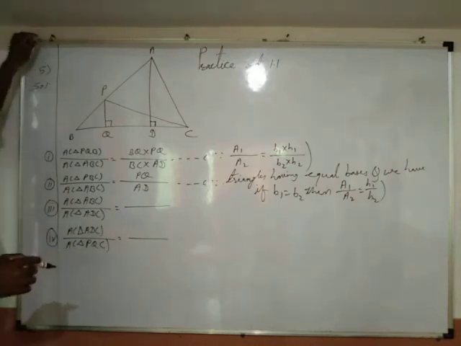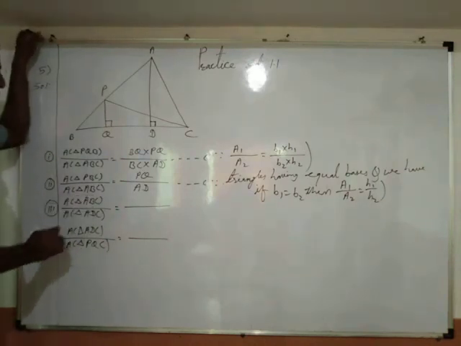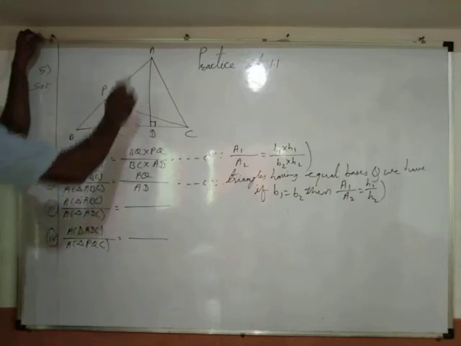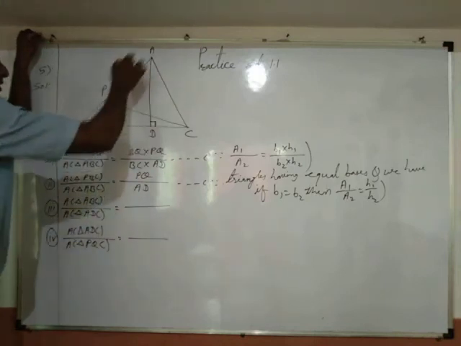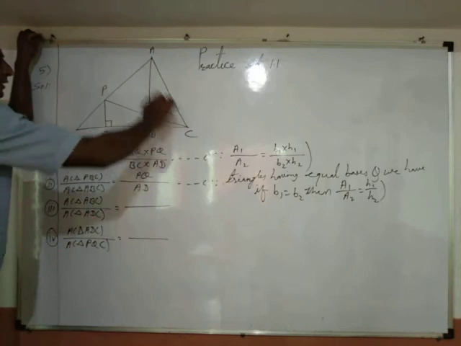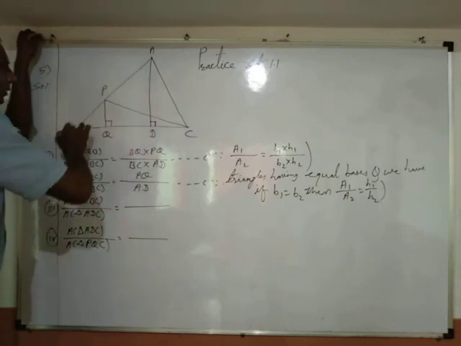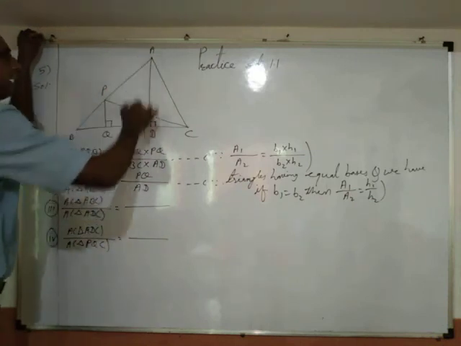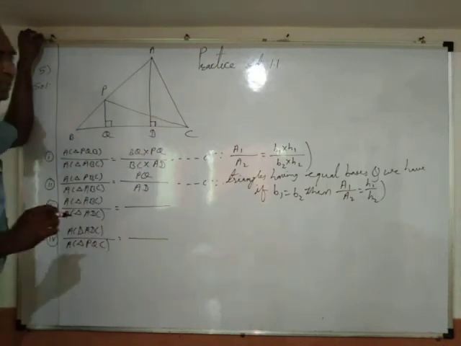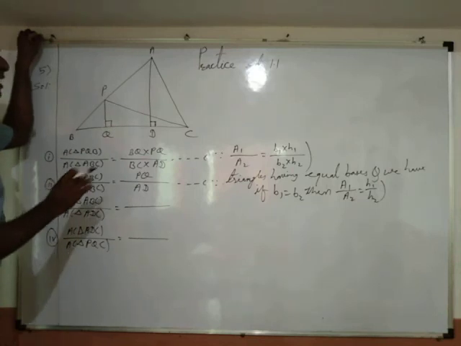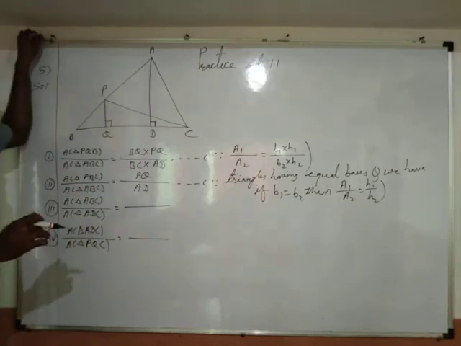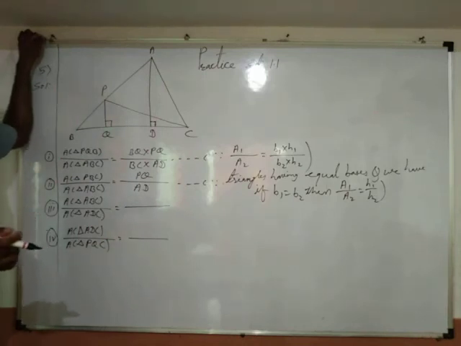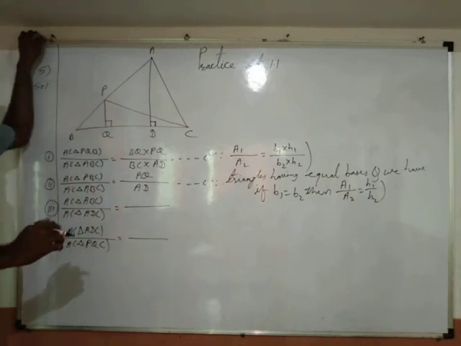Let us consider the third case. Area of triangle ABC upon area of triangle ADC. In triangle ABC, BC is a base, AD is a height. In triangle ADC, DC is a base, AD is a height. Means these are triangles having equal heights, and the ratio of areas of two triangles having equal heights equals the ratio of their corresponding bases.